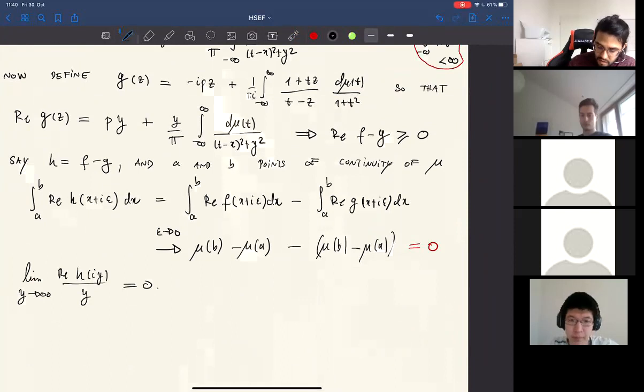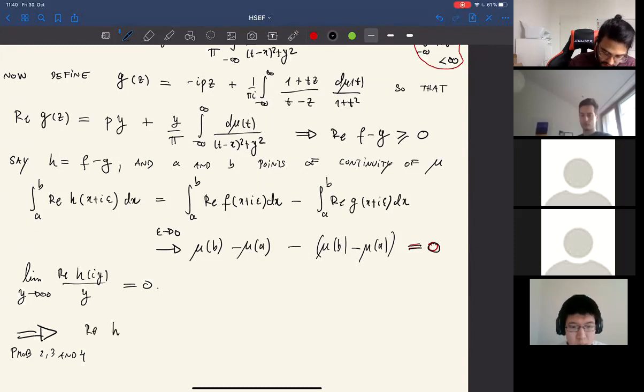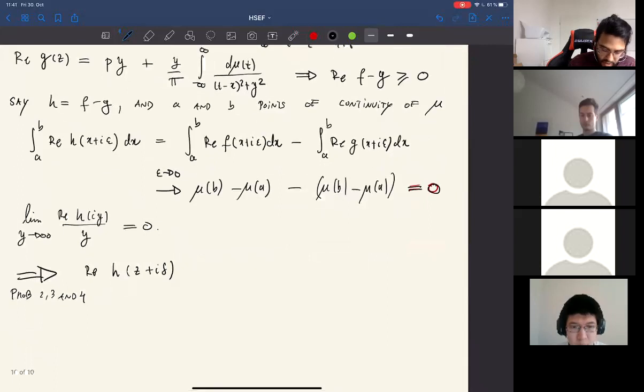Okay, so putting all those pieces together, we get by using problems 2, 3, and 4 that the real part of h of z plus i delta, let's say, where delta is some positive number that we will fix, to not be confused with epsilon.